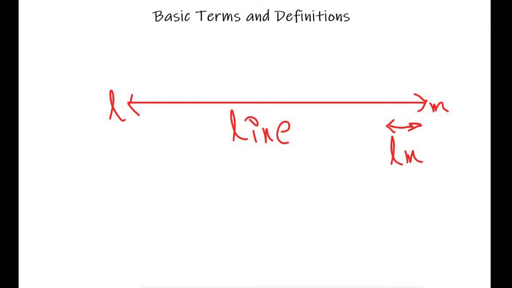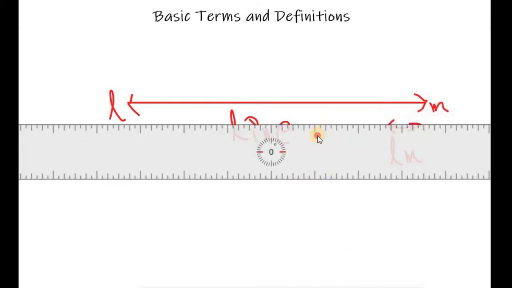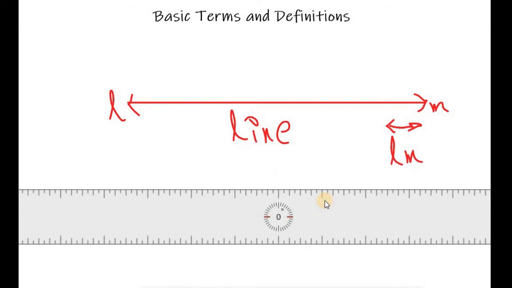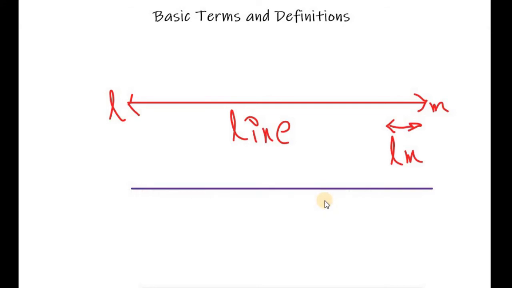Now let's again take the ruler, and I'm going to place it below and again draw the same line. And now I'm extending this line infinitely. So a line extends infinitely. There are no endpoints.